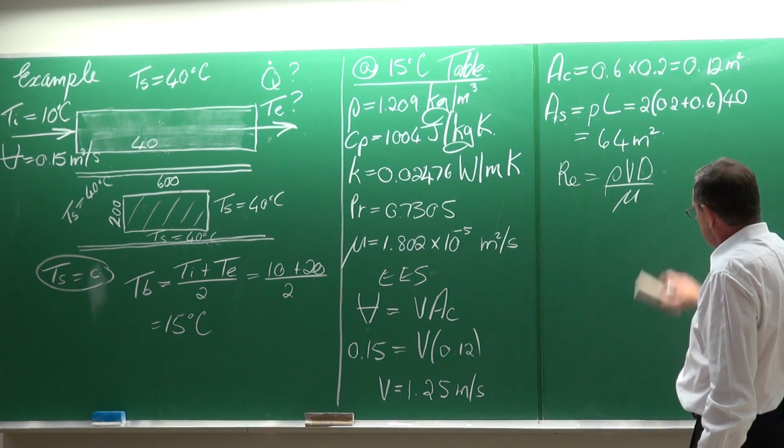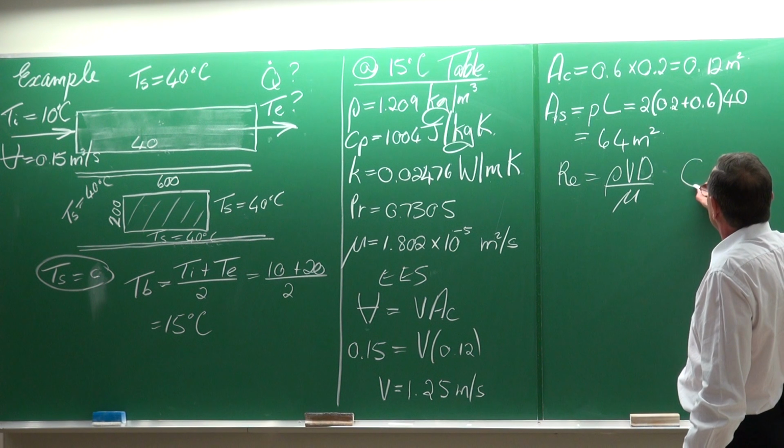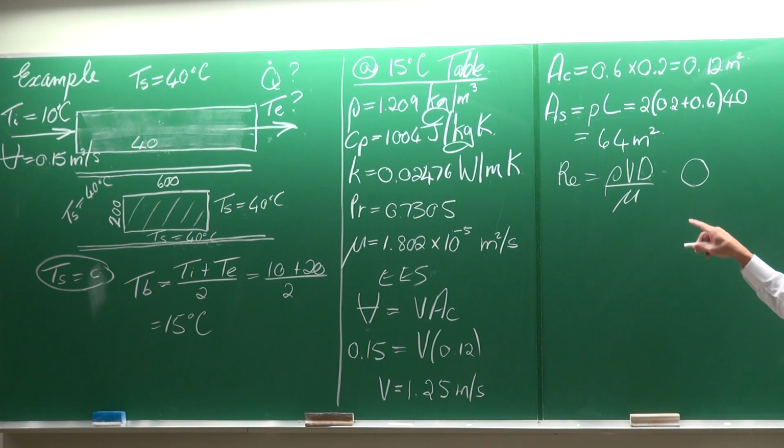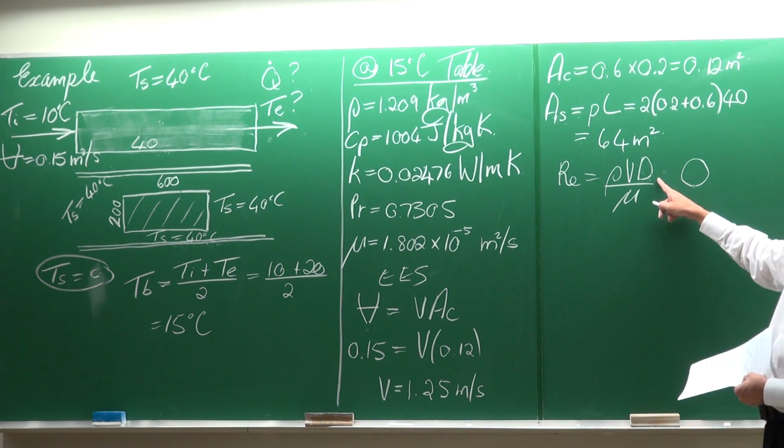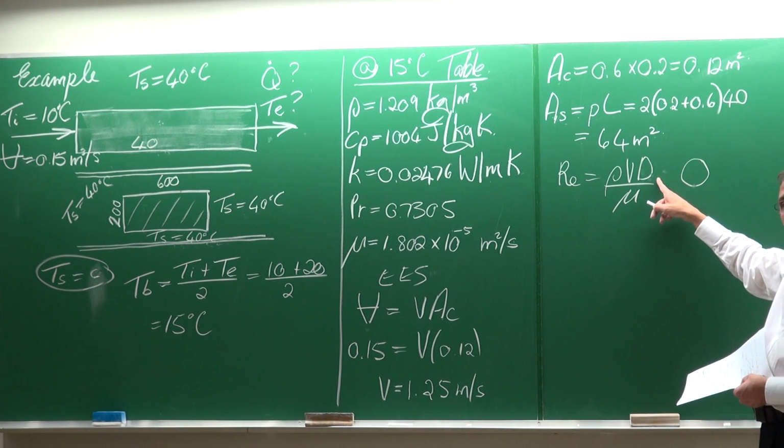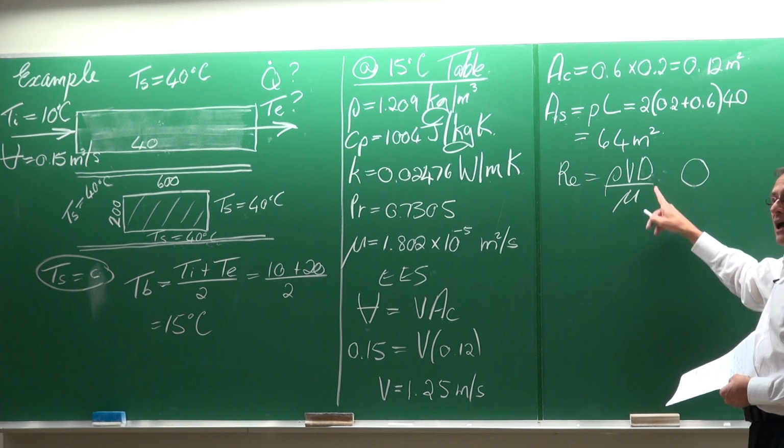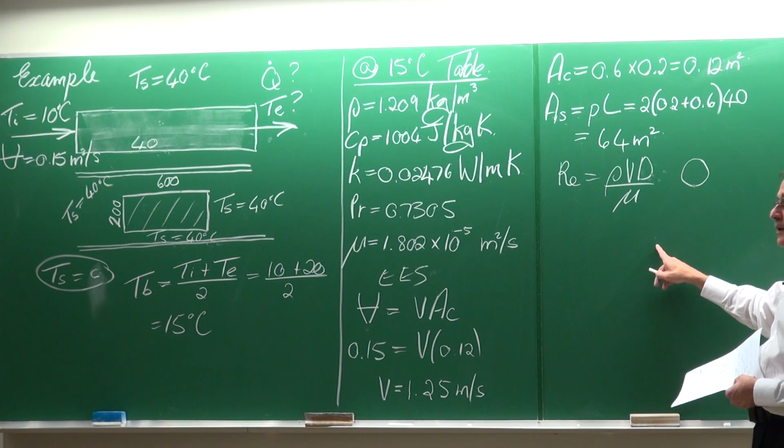Okay, so in this case it is not a circular tube. Therefore we need to make use of the definition of the hydraulic diameter to get a characteristic length, and we're going to use that to get the Nusselt number.